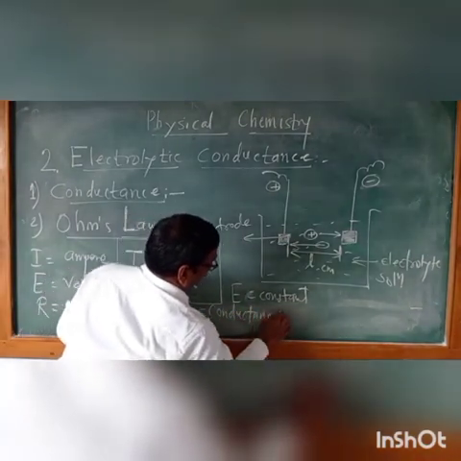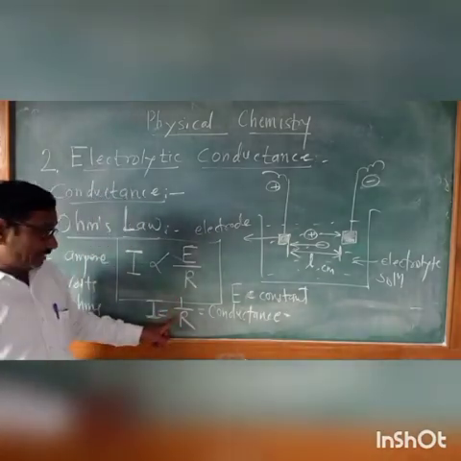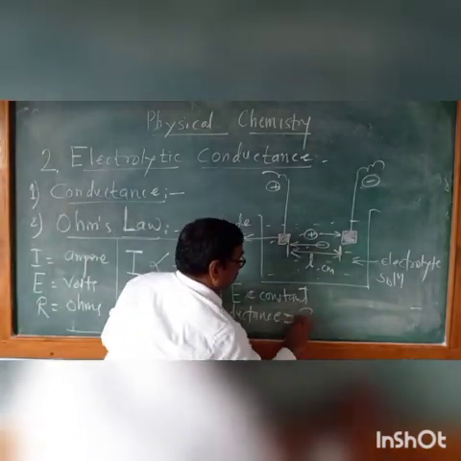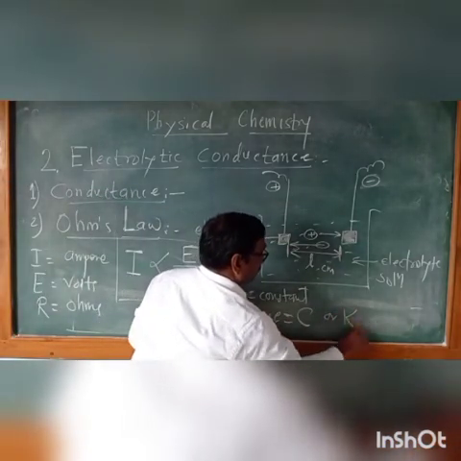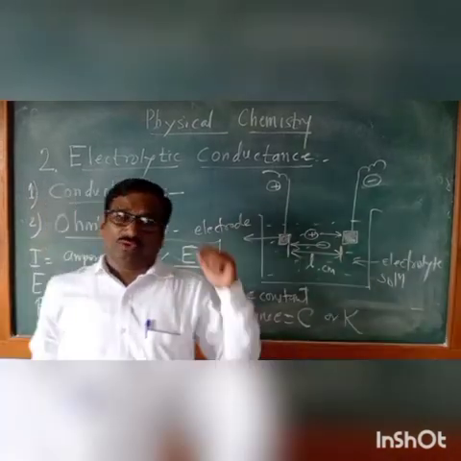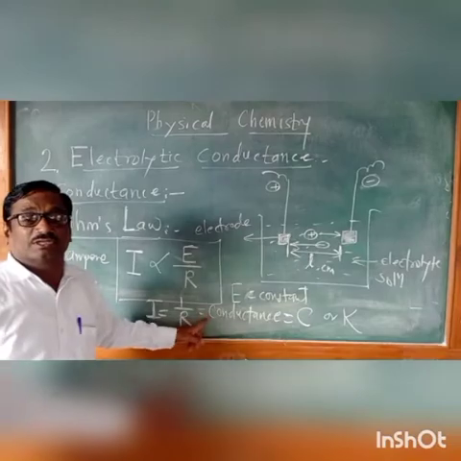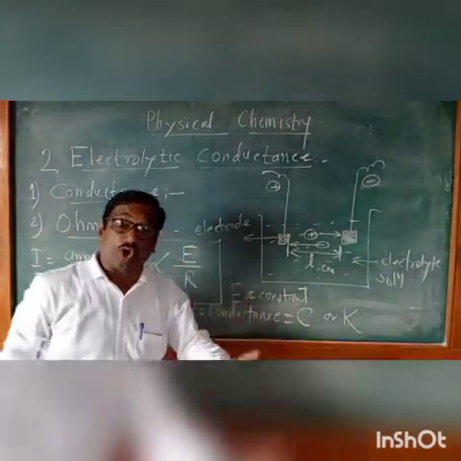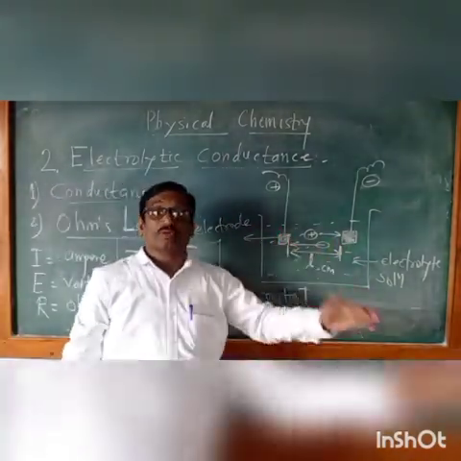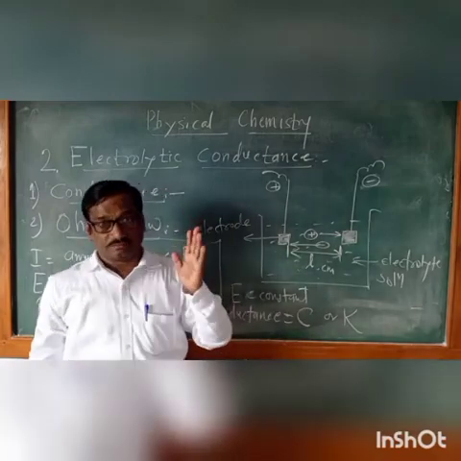Conductance. 1 upon R is called the conductance. It is denoted by C or by K; in different books, notations are different. So 1 upon R is nothing but the conductance of a uniform conductor.